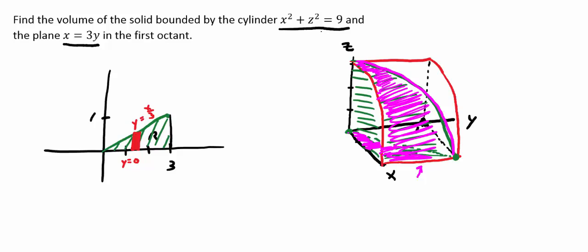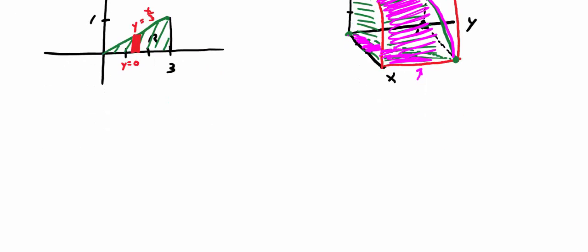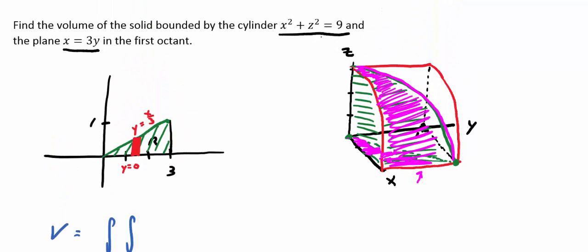So when we go to set up our double integral, we're going to use that. We'll say that the volume is the double integral. Remember, the roof is just given by the cylinder. It's the cylinder turned into this wedge shape over here, but it's just a cylinder. We better solve that for z in terms of x.